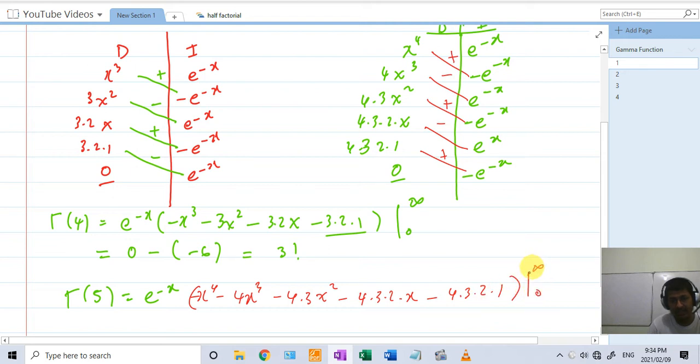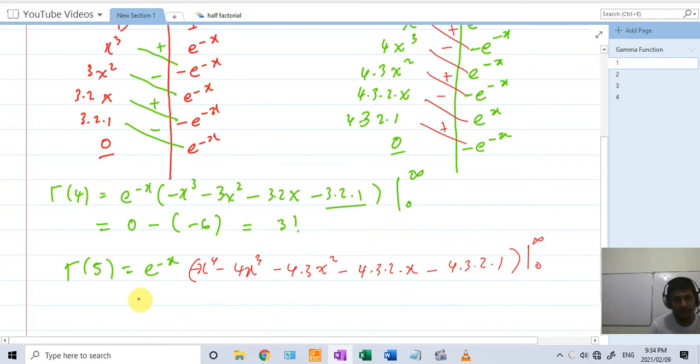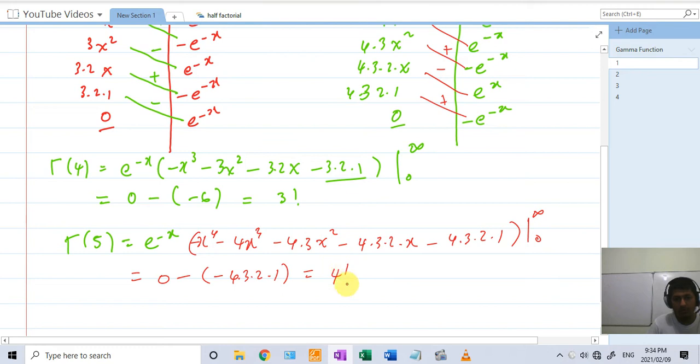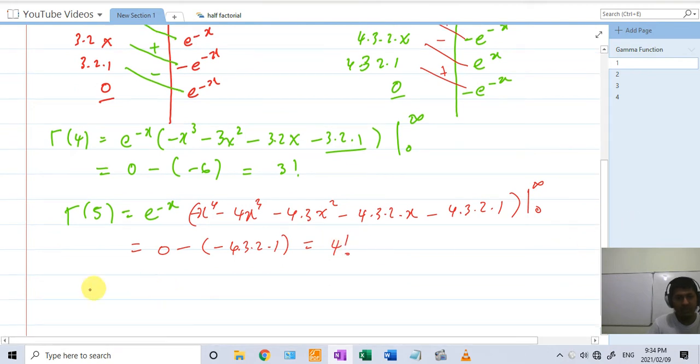And similarly, compared to the previous one, all I am left with is 0 minus 4 times 3 times 2 times 1, which is equal to 4 factorial. So we can generalize. What we know is that gamma 4 is 3 factorial and gamma 5 is actually equal to 4 factorial.